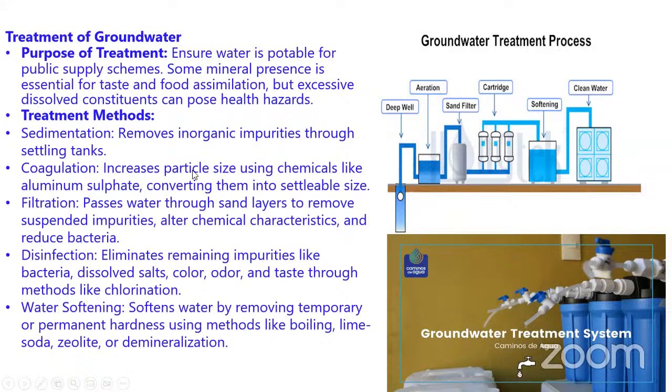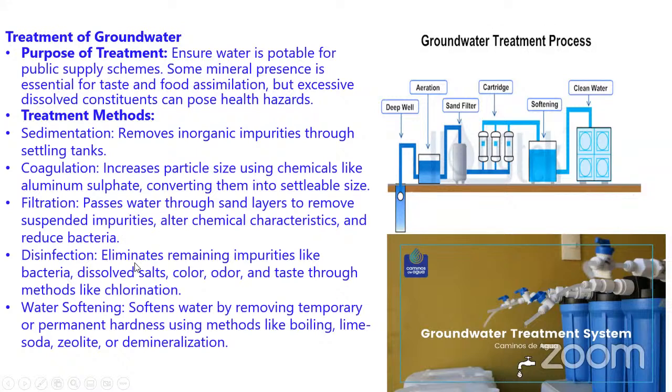Coagulation increases particle size using chemicals like aluminum sulfate, converting them into settleable size. And filtration: in this process, water passes through a sand layer and removes suspended impurities and some bacteria.